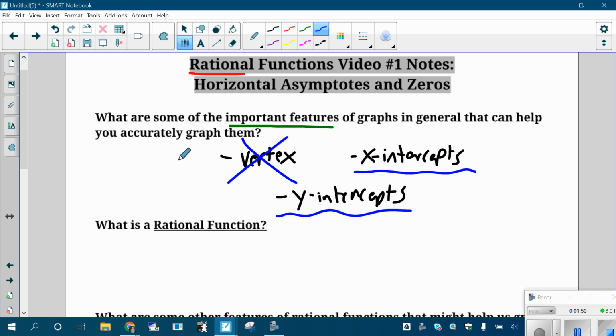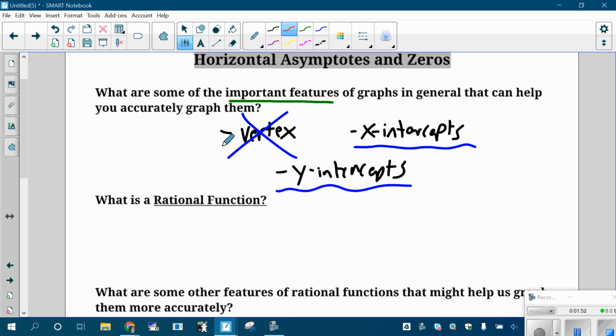Okay? So first though, what is a rational function? Well, the word tells us a lot. It's a rational function because that first part there is ratio. What's a ratio? A ratio is a fancy word for a fraction. So what is a rational function? It's a fraction function.